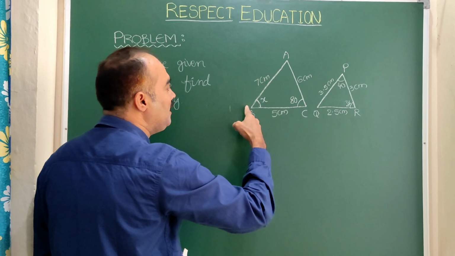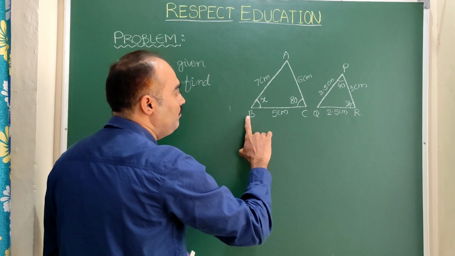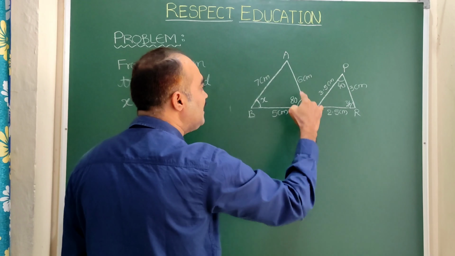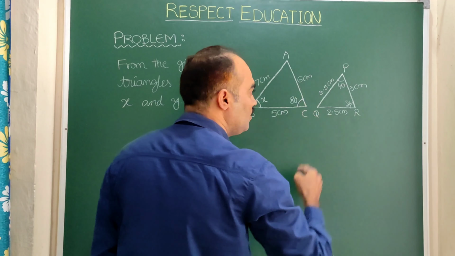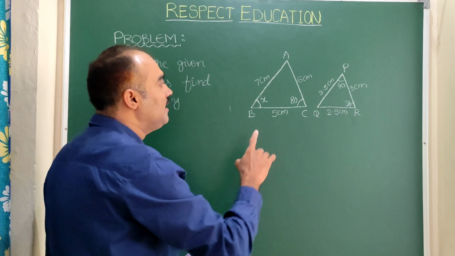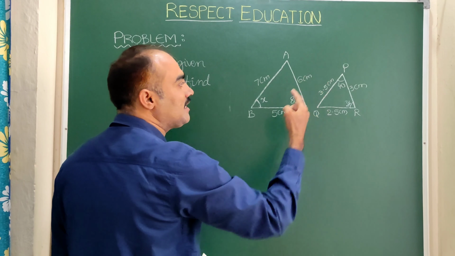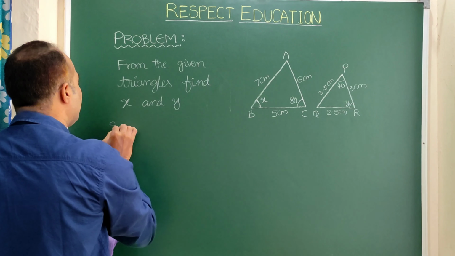Side AB is known, corresponding PQ also. BC is known, corresponding QR is also known. AC is known, that is 6 cm, and corresponding PR is also known. So this problem belongs to SSS criterion. Let us solve it.